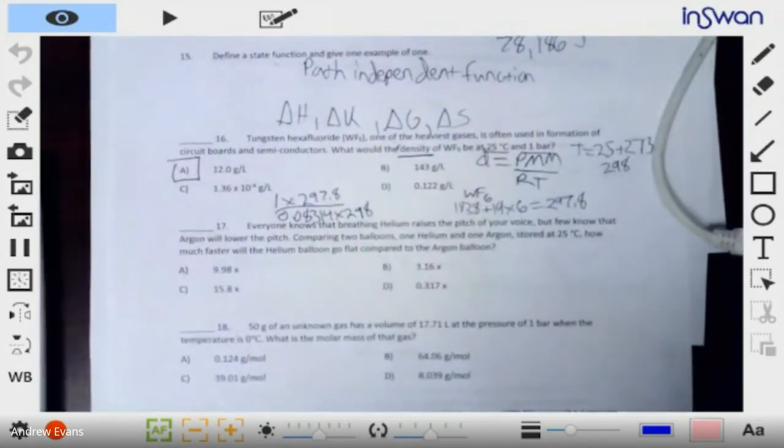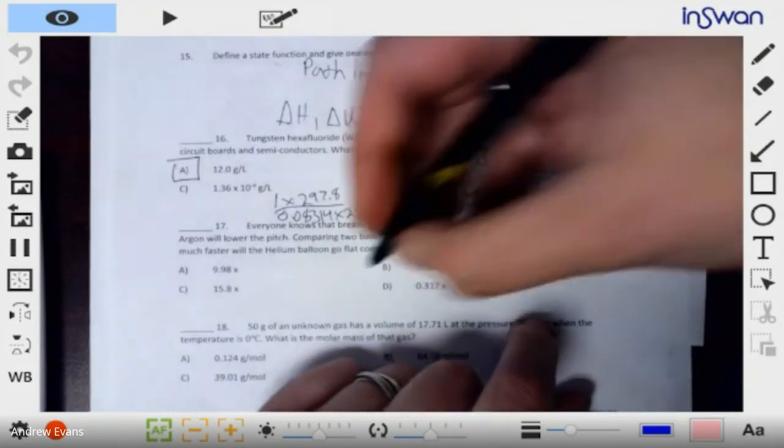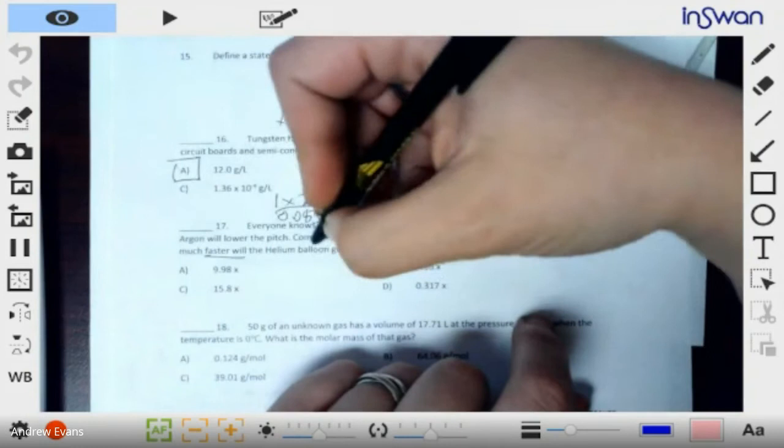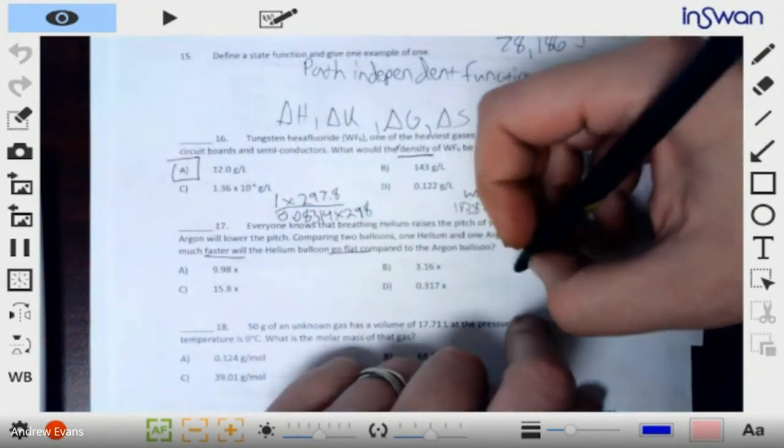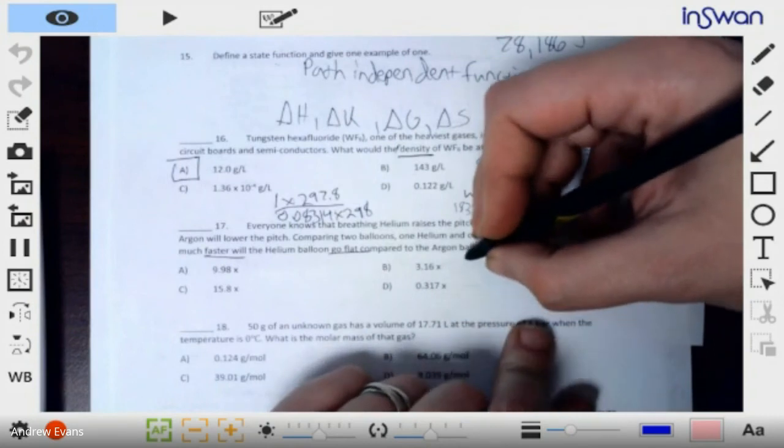Everyone knows that breathing helium raises the pitch of your voice, but few know that argon will lower the pitch. Comparing the two balloons, one argon, one helium, stored at 25, how much faster will helium go flat compared to argon? When you hear words like faster or speed, you need to think about Graham's law.